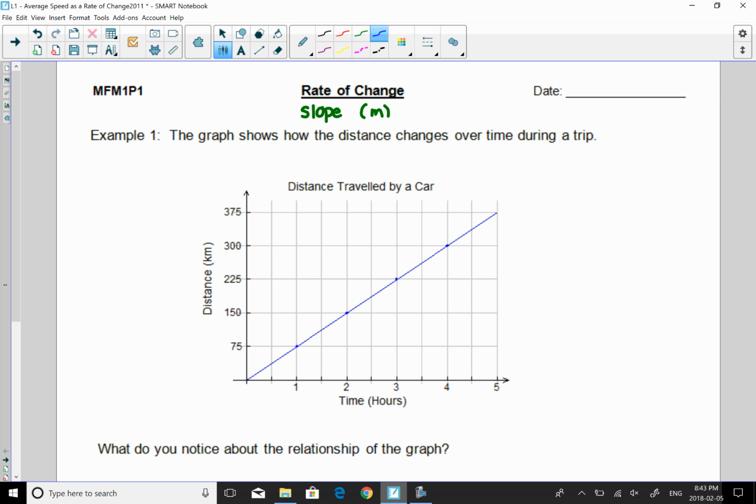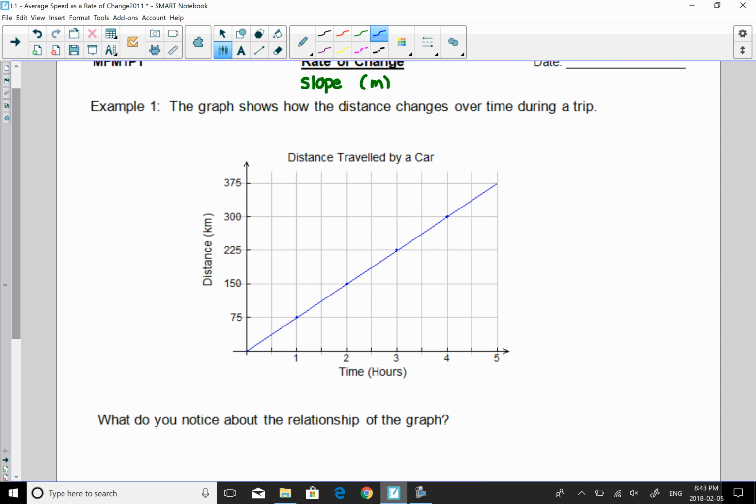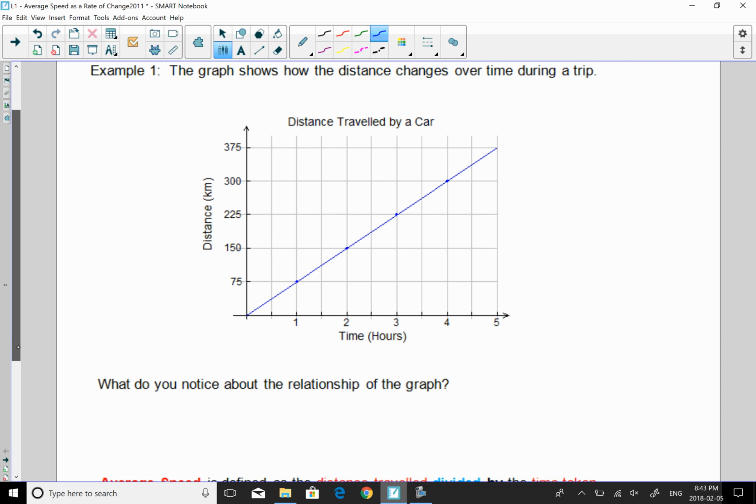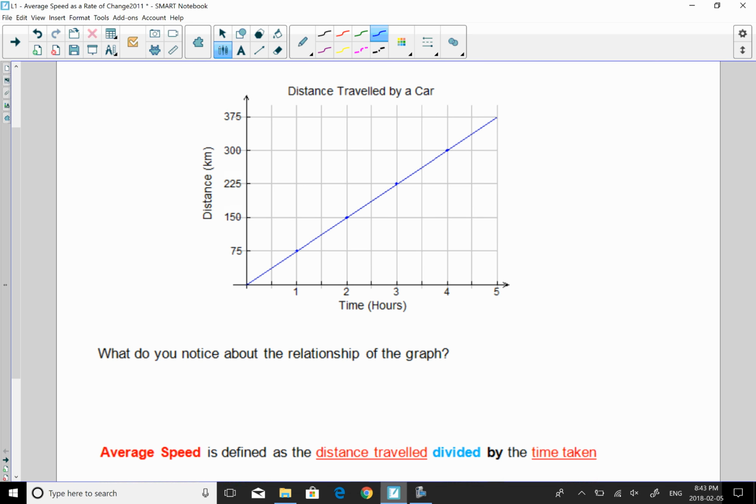So what do we notice about the relationships of this graph? For one thing, as time increases, the distance increases.